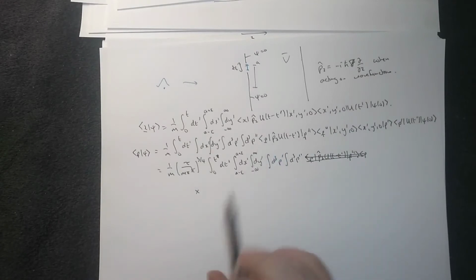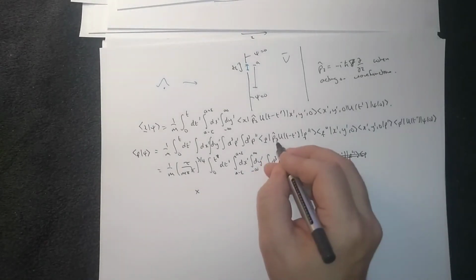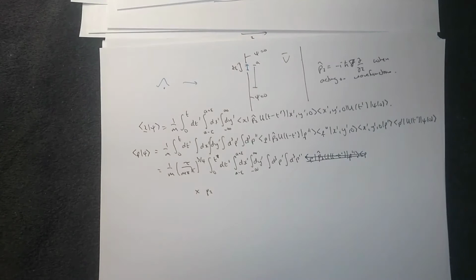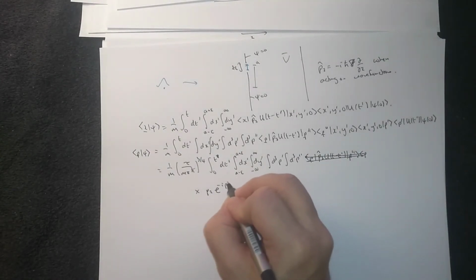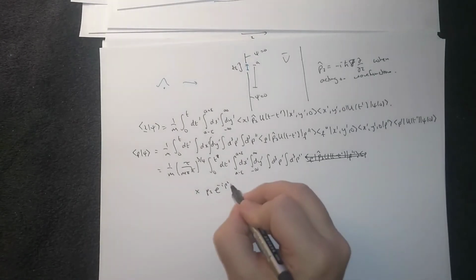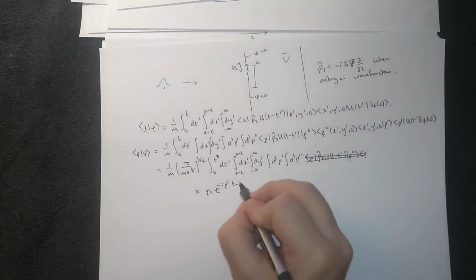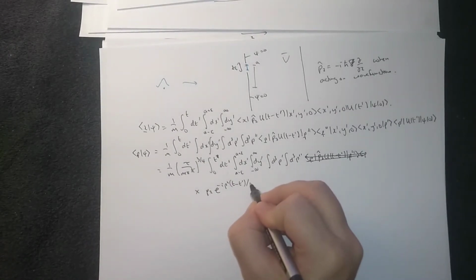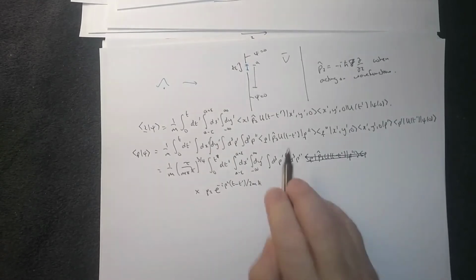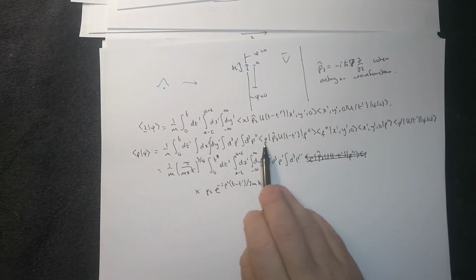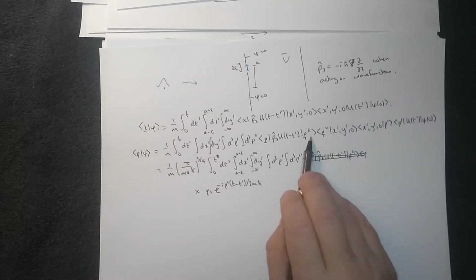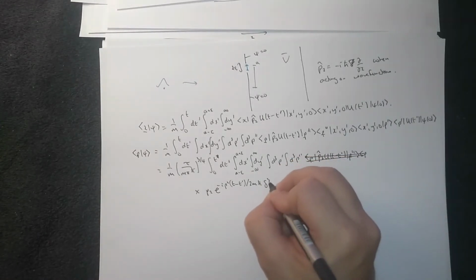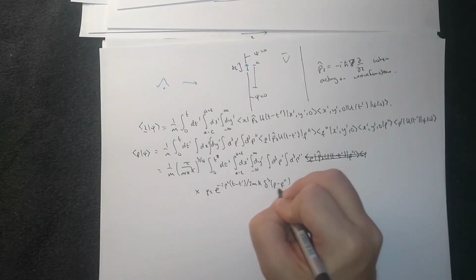This pz z hat acting on this just gives a pz. Okay, e to the minus p squared (t minus t prime) over 2m h bar, that's u acting on that thing, and we get the inner product of p with p double prime, which gives delta cubed (p minus p double prime).